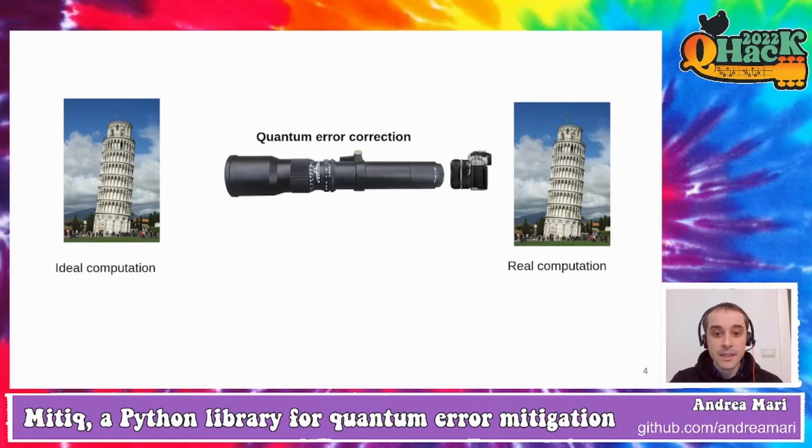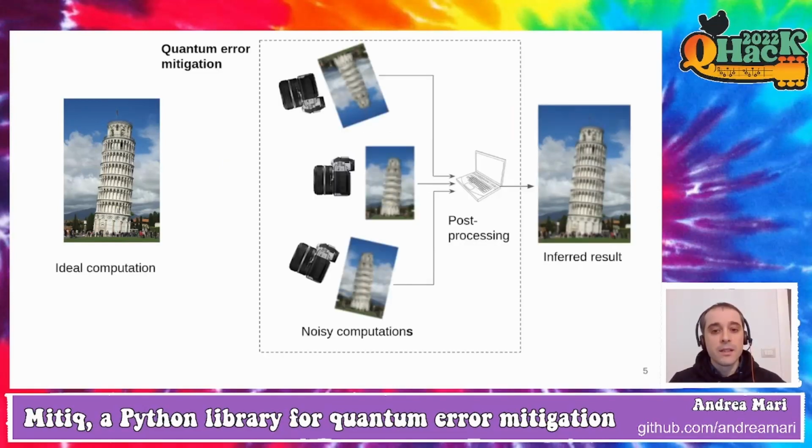On the other hand, as I said, this is not very easy to apply at the moment with the devices that we have today. What you can do instead is something called quantum error mitigation. If you take this analogy, you can think of quantum error mitigation as taking a lot of pictures of the same object, but from different perspectives. You change maybe the orientation, or something in the way you take the photo.